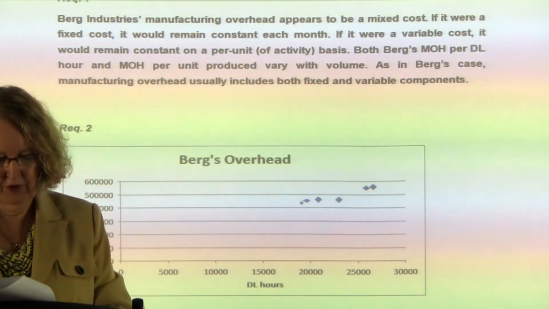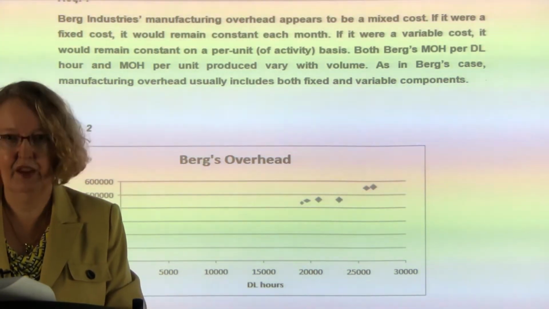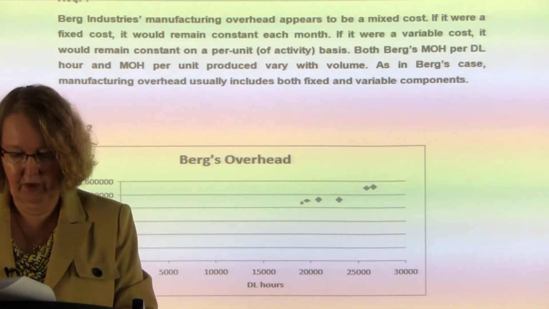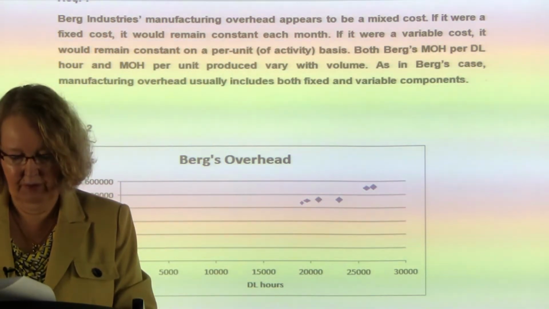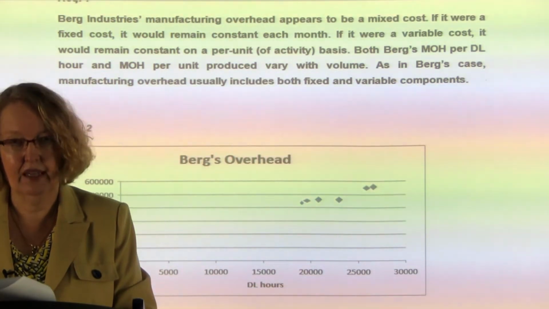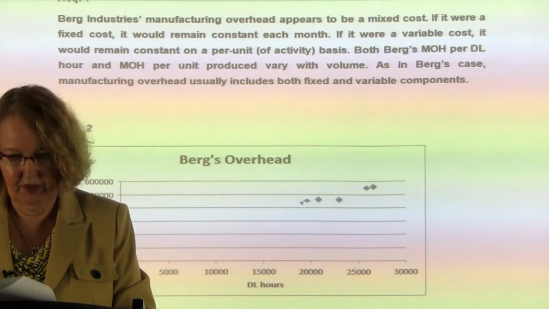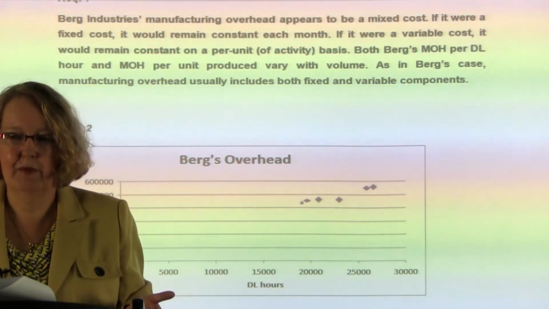So the first requirement of this problem is asking us, are the manufacturing overhead costs fixed, variable, or mixed? When you look at the data in the table, it would really indicate that the costs are mixed, because if they were fixed, you'd have the same amount every month.